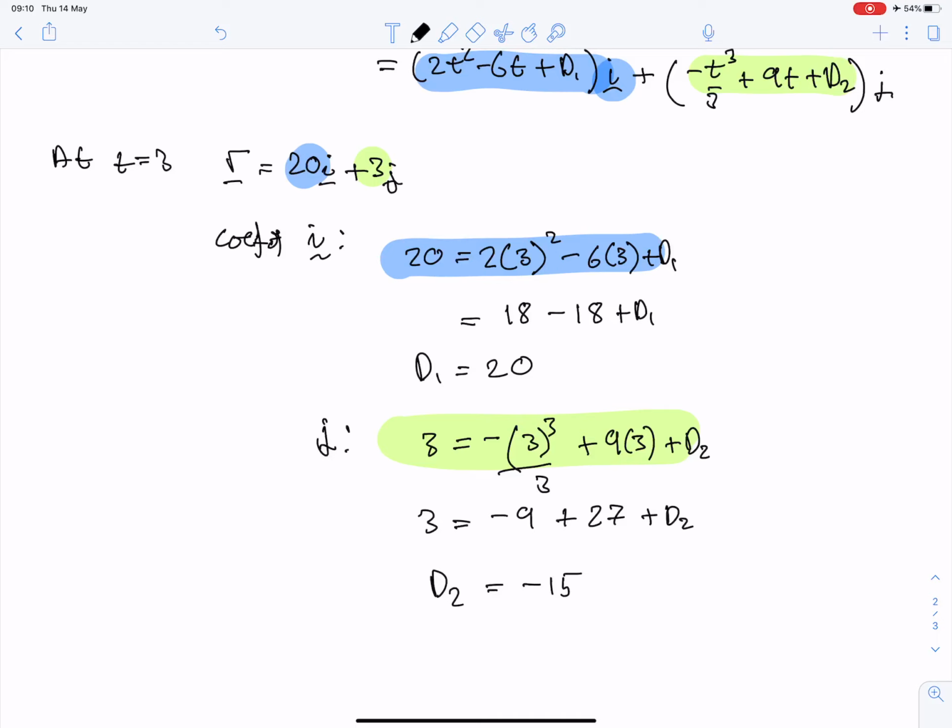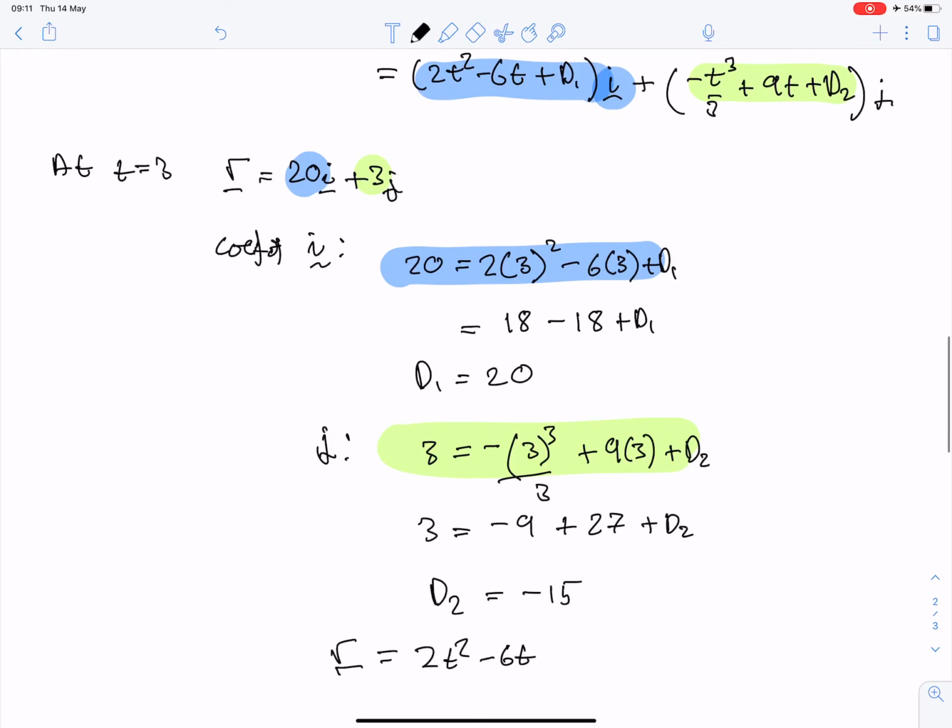So we've now got r is equal to, what have we got there? 2t squared minus 6t from just at the top of the screen, plus d1, which is plus 20, lots of i, plus negative t cubed over 3 plus 9t minus 15, lots of j.